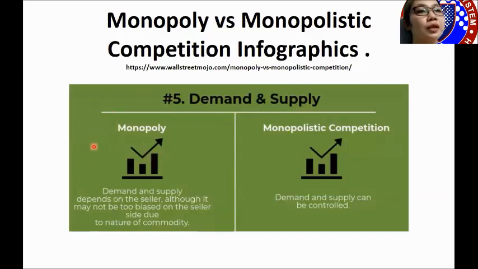They are providing products that are important or essential to the buyer. In monopolistic competition, the demand and supply can be controlled. Since they have competition, they can increase or decrease the prices, and the demand and supply can be controlled.